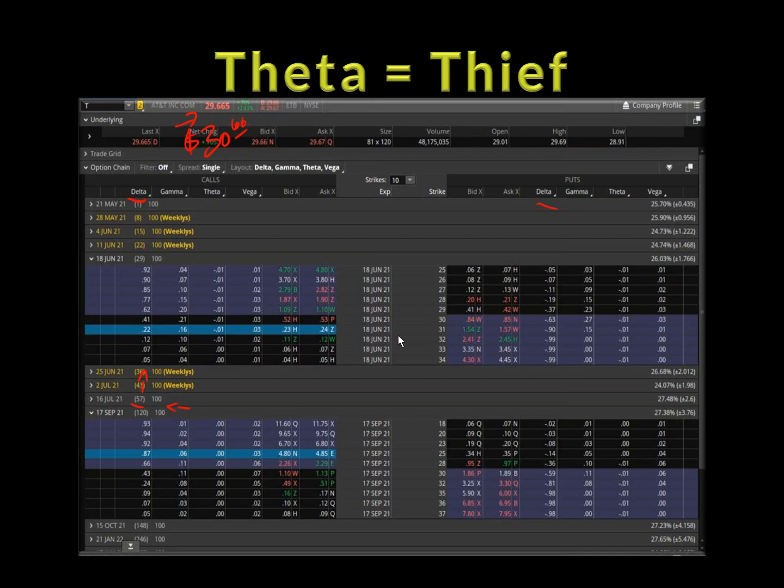Our premiums in our options, let's look at the 31 calls, going across, our premiums would increase by 22 cents. So the underlying, AT&T, goes up to $30. We would see 22 cents go into these, and we would be looking at 45 cents, 46 cents. On that dollar move higher, our premiums would move up by that corresponding amount.